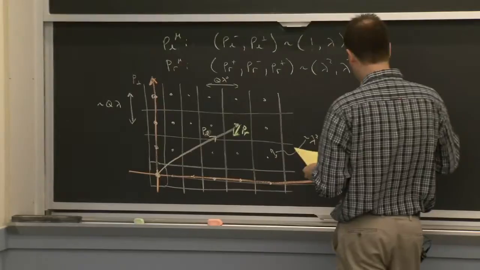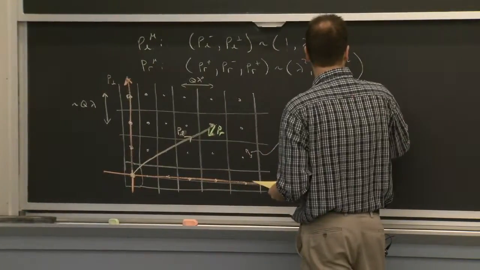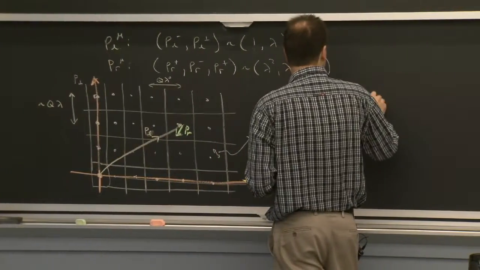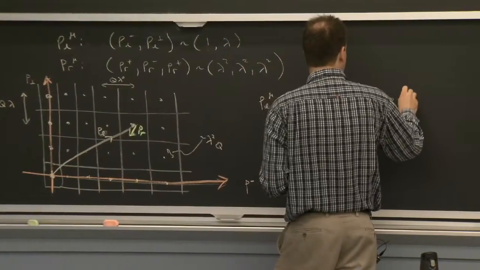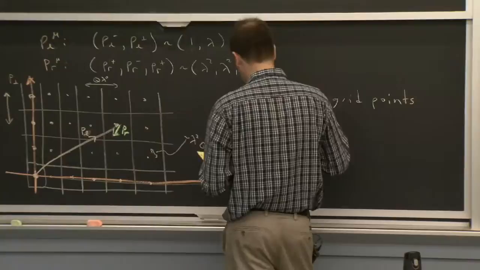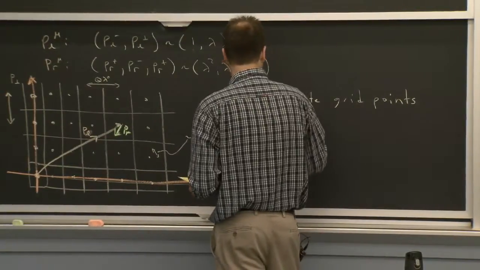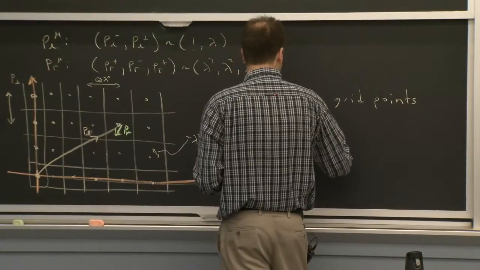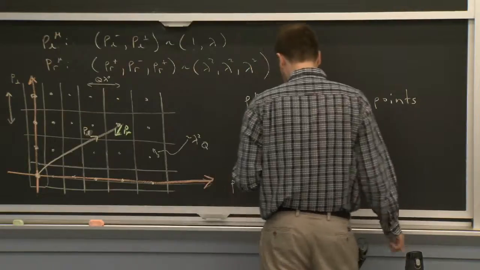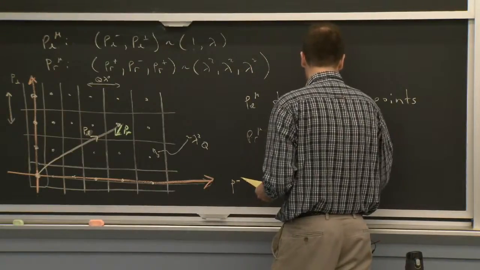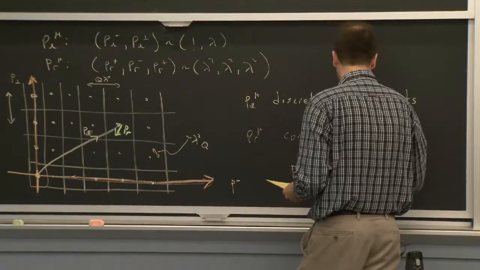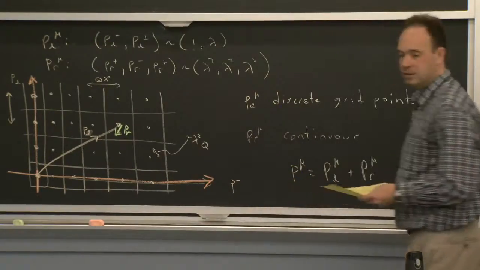Okay, so PL are discrete grid points, and PR are continuous. This picture also makes clear that if you take any P, it uniquely is given by some PL and some PR.